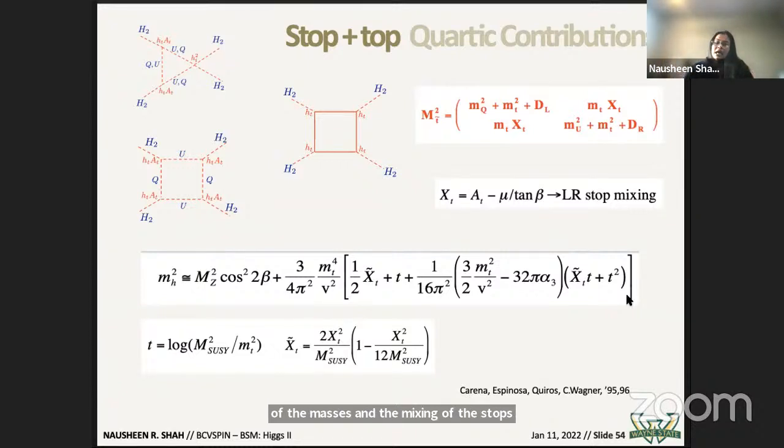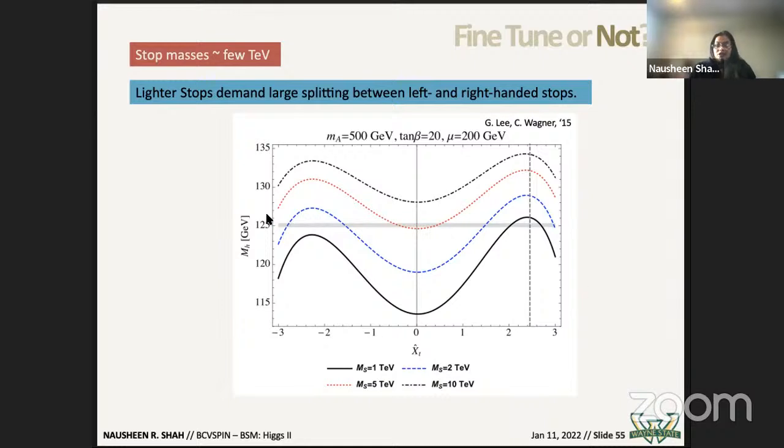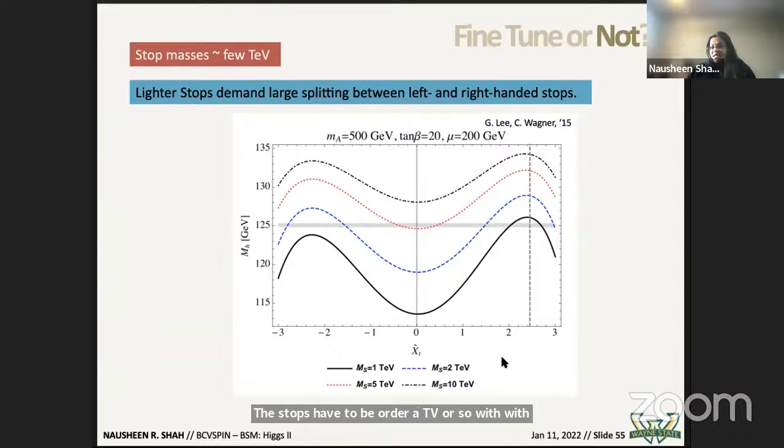Okay, so you can plot this out to look at what kind of stop masses you need. And it turns out that if you look at 125 GeV, the stops have to be order a TeV or so with significant mixing to be able to reproduce the Higgs mass.